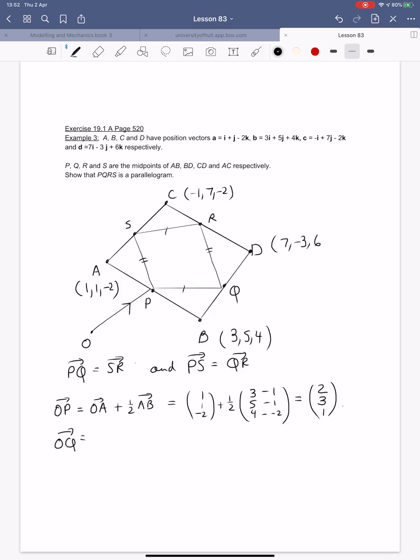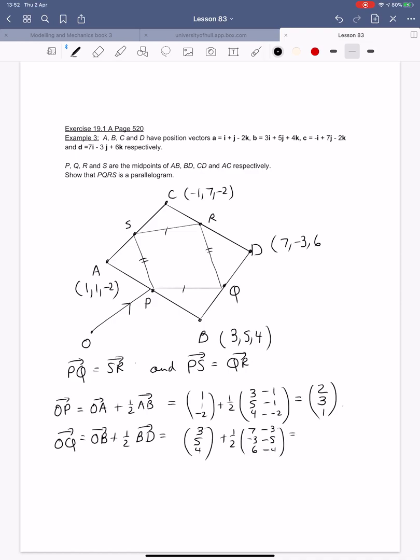O to Q is O to B plus a half B to D. O to B, 3, 5, 4, a half of D minus B, 7, minus 3, 6, minus 3, 5, 4.